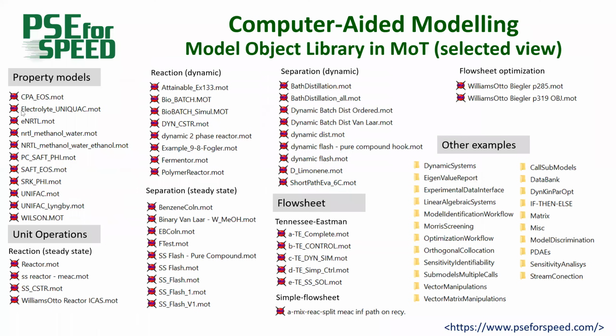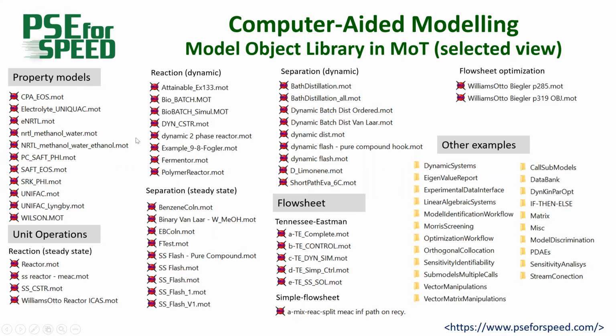So as soon as we save, we just need to save, nothing else. Then an MOT object is saved. And that MOT object can be opened and we can do any simulation, or we can do many other things.